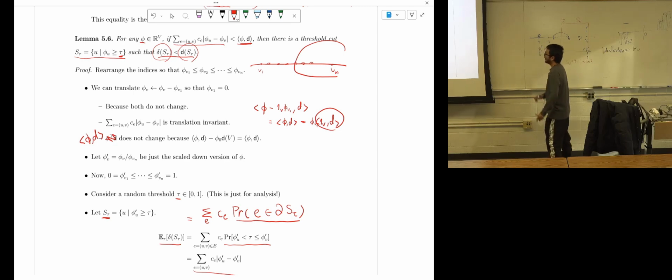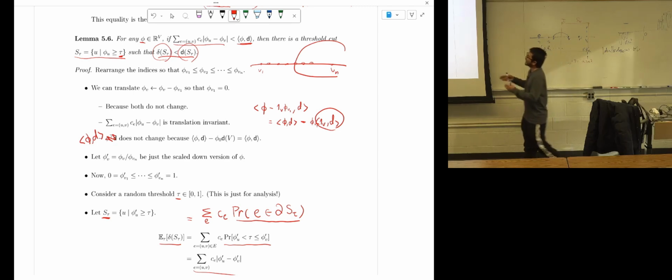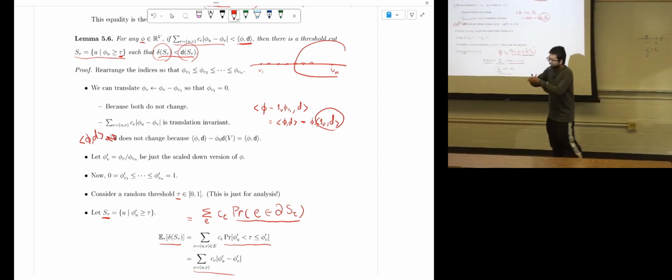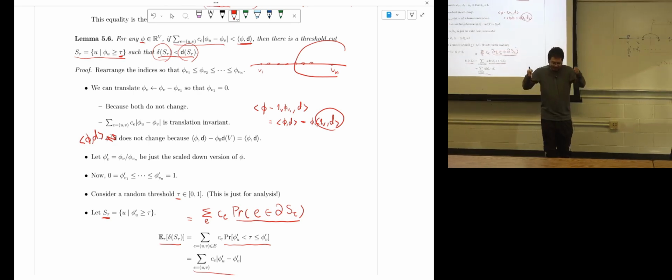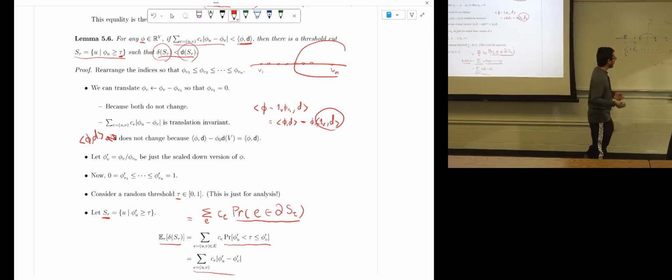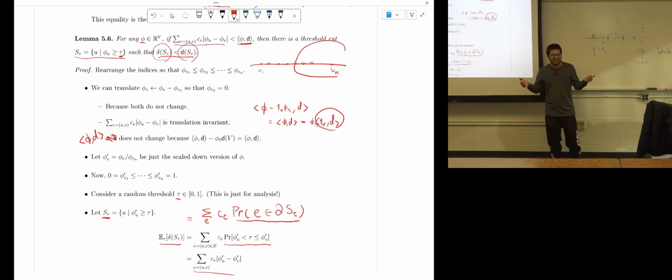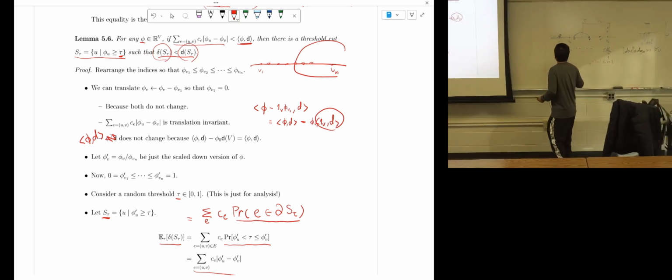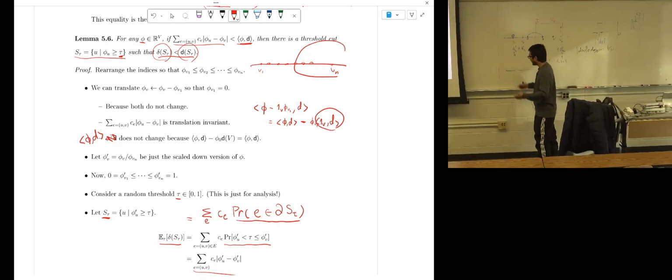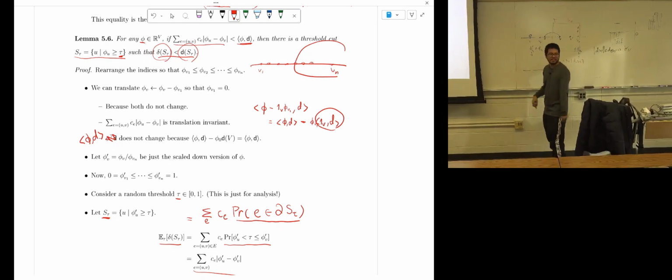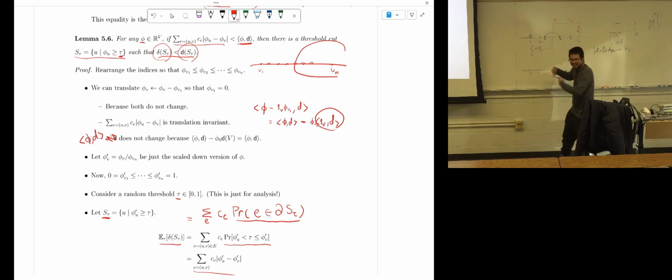Exactly. What I do first, I know that the cut looks like a threshold cut, so what I need to do first is just to sort the vertices. Sort it in n log n time, put it into order, and now just sweep.